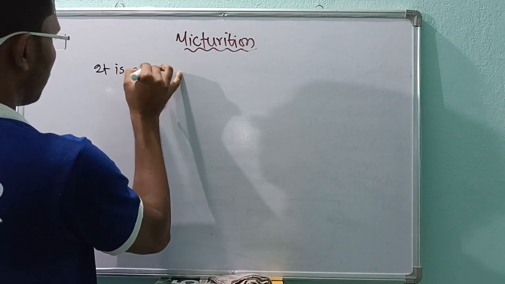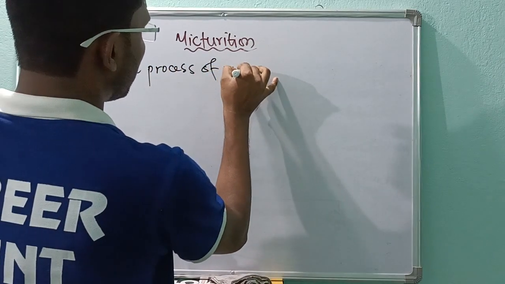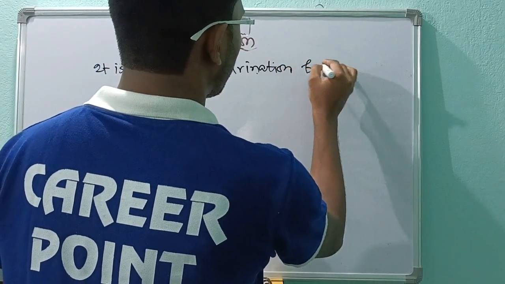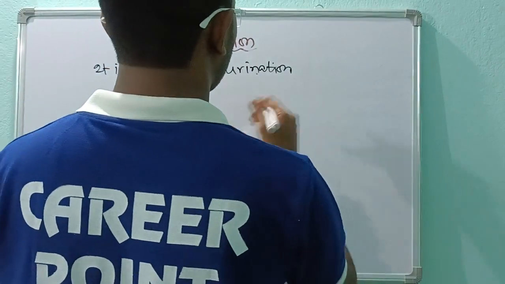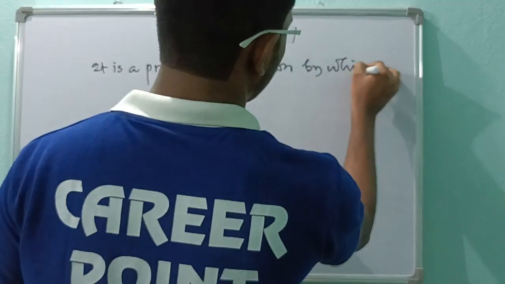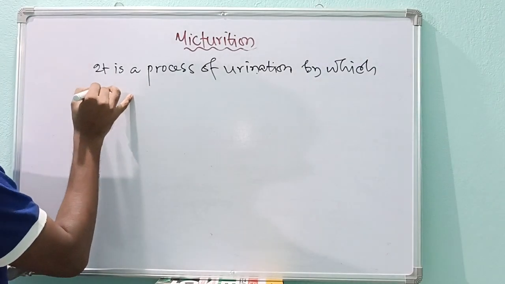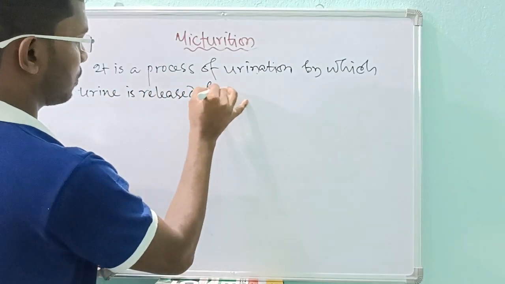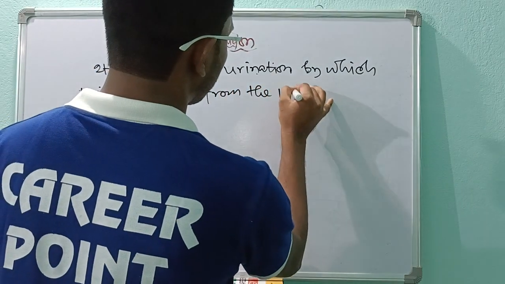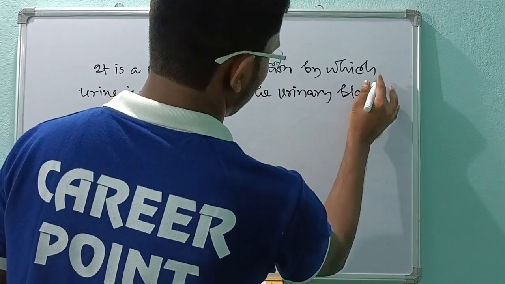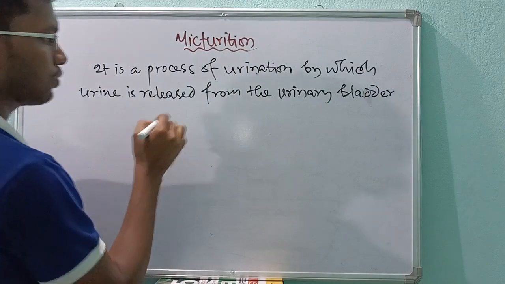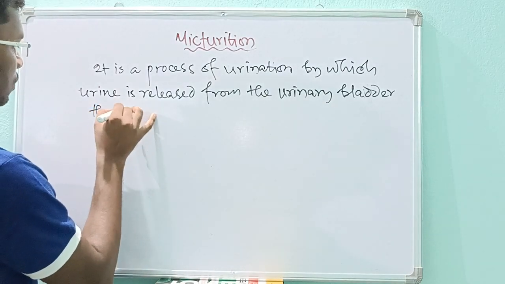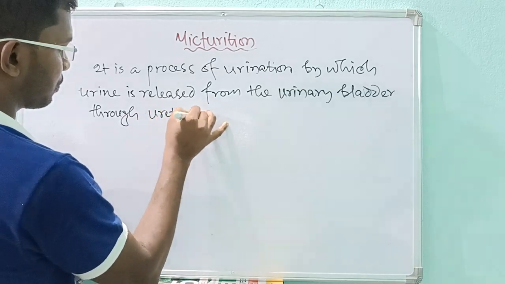It is a process of urination by which urine is released from the urinary bladder through the urethra.